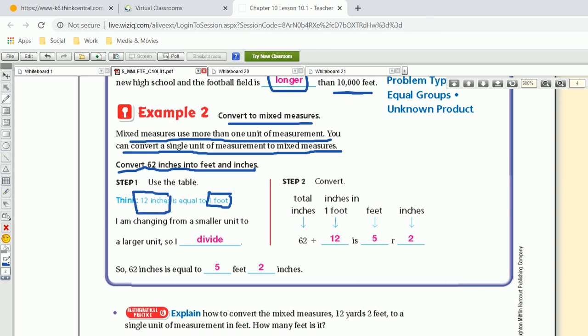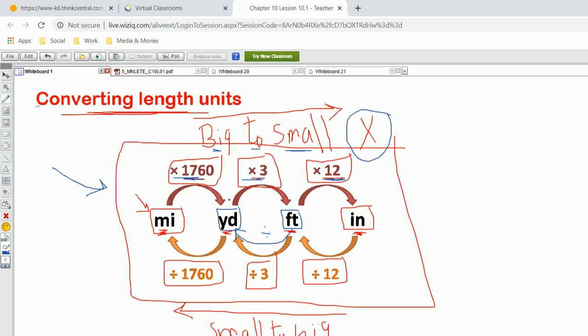So if we want to convert from inches to feet, is inches smaller than or greater than feet? Inches is smaller, because inches is the smallest unit of length. So you have to divide, but what number do we divide by?